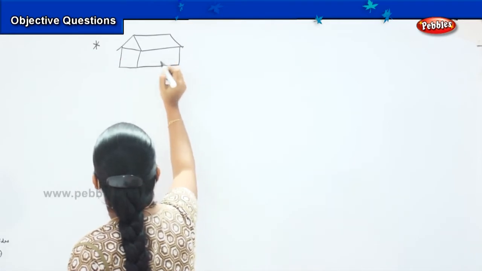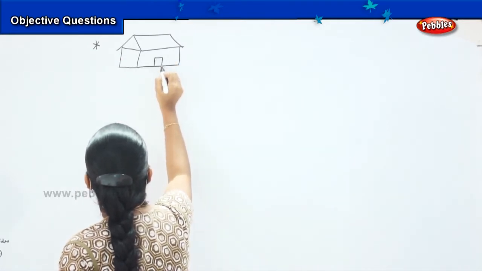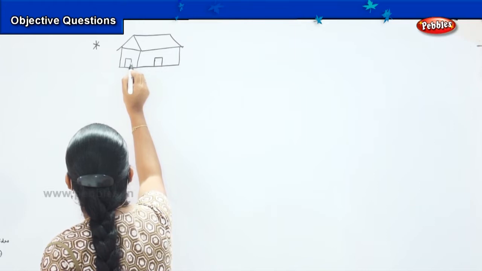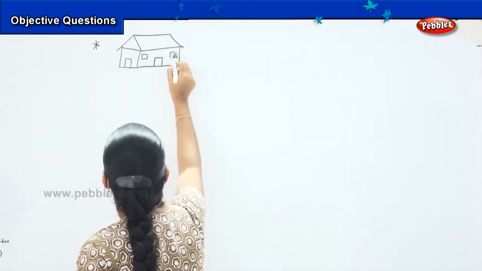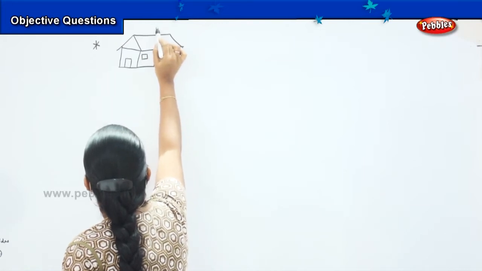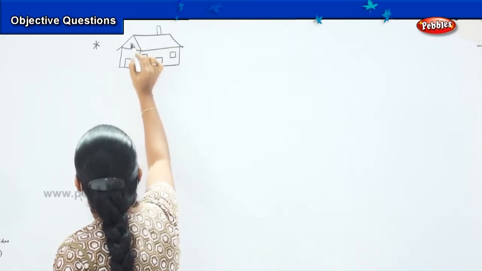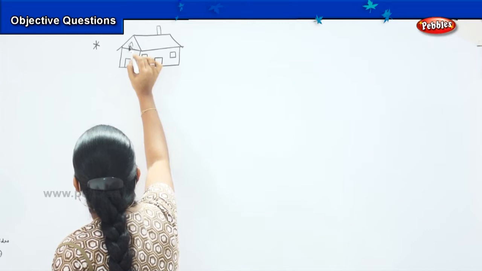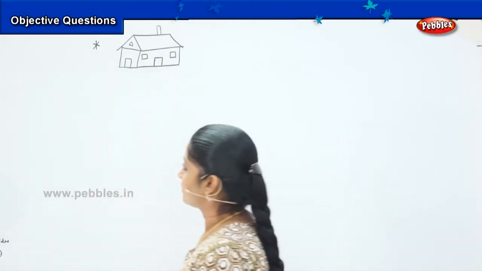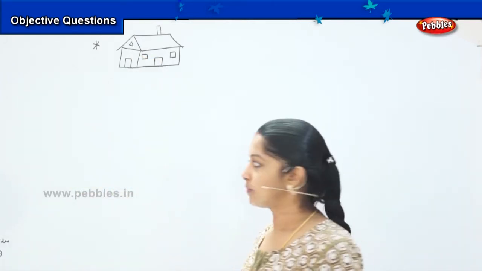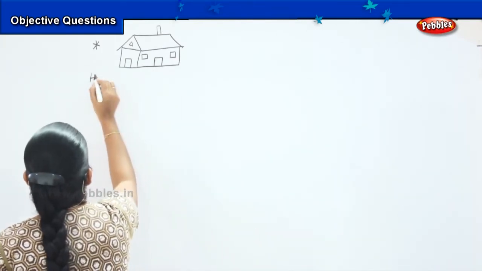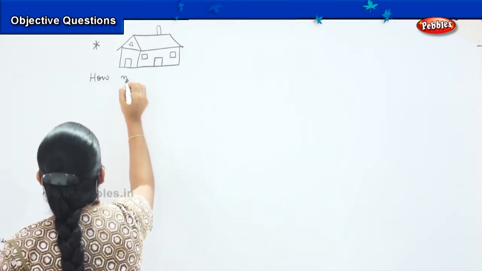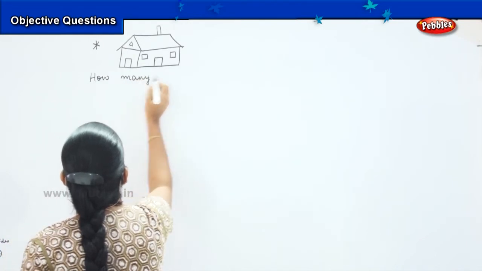Now there are two doors, two windows, a small chimney and a small ventilation. So now my first question says, how many rectangles are there?